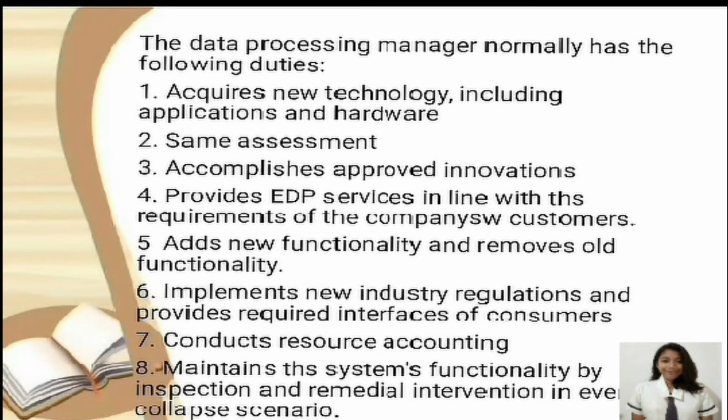And number 8, maintains the system functionality by inspection and remedial intervention in every collapse scenario. If you are the data processing manager, when there are problems you must not panic. You must not be ruled by your emotions.